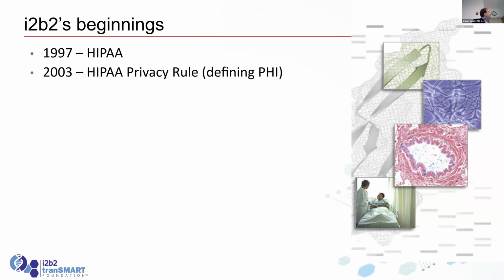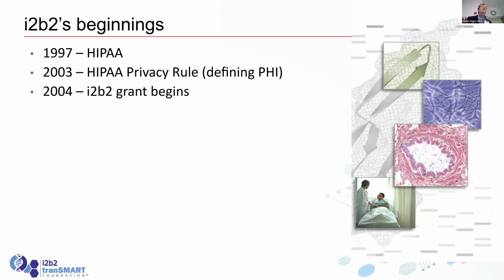So that's when we really started thinking about it. And in 2004, we got a grant from the National Centers for Biomedical Computing to help us approach this problem with an architecture which wasn't totally clear at the time, I have to say.